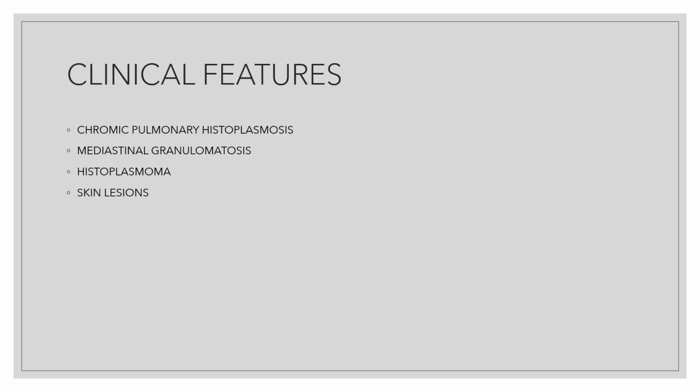For mediastinal granulomatosis, you would be seeing fibrosis, traction and occlusion of the mediastinal structures. For histoplasmoma, you would be seeing a fibrous nodule and concentric calcification. For skin lesions, it can either be ulcerative or granulomatous on the skin as well as on the mucous membrane.